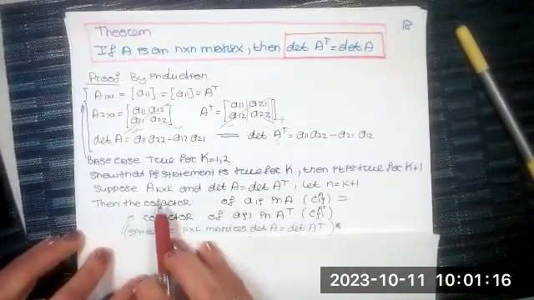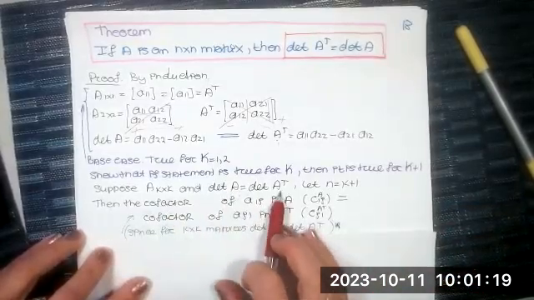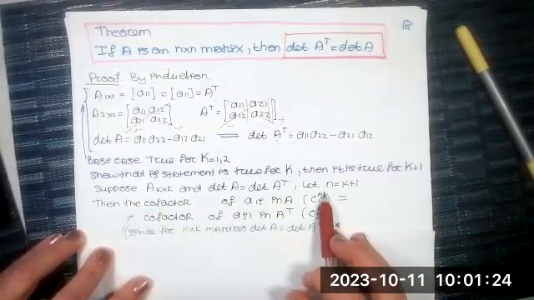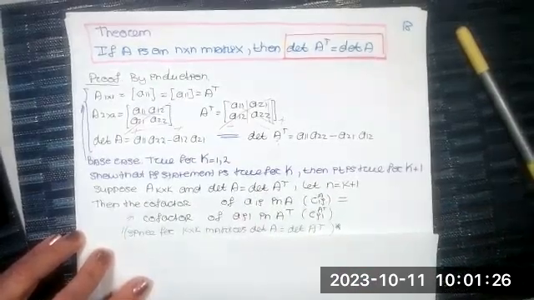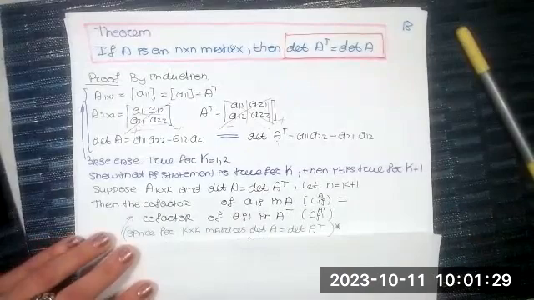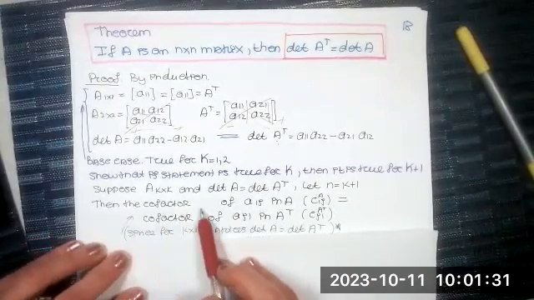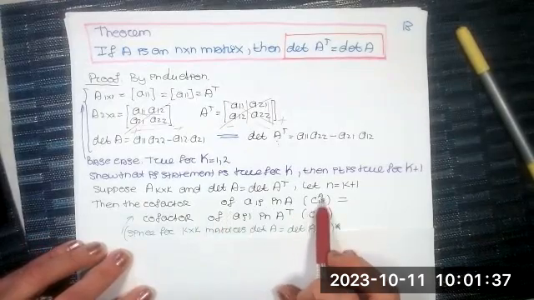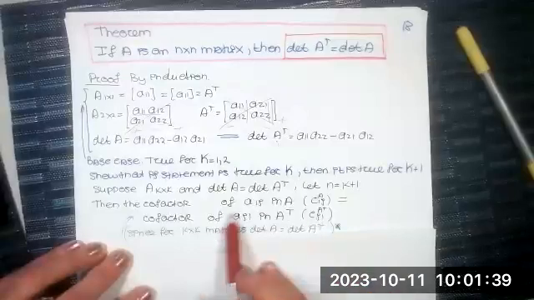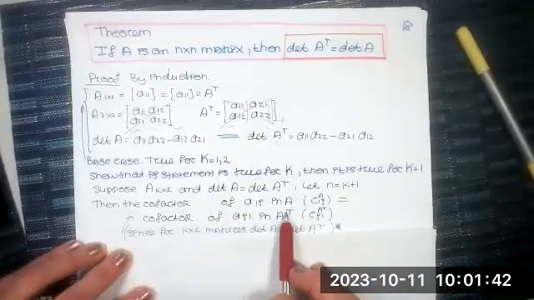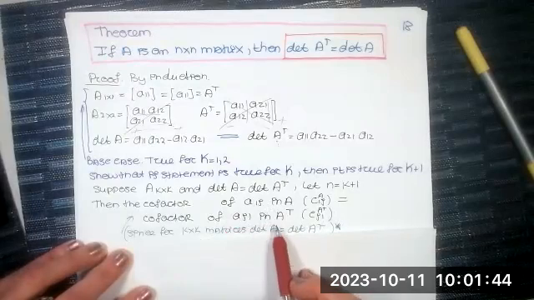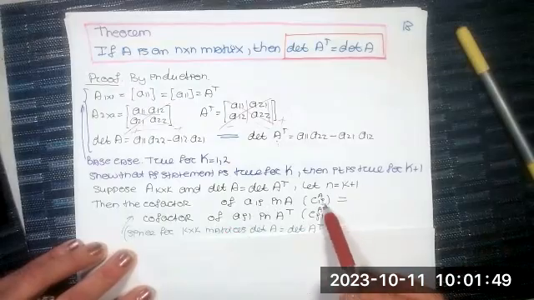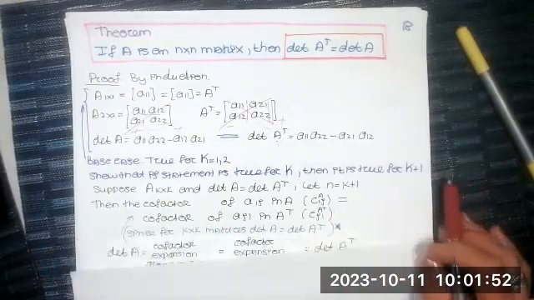So we suppose that determinant of A equals determinant of A transpose for all k by k matrices, and we let n be equal to k plus 1, the next size up. Then we look at the cofactors. The cofactor of A1j in A is C1j, and the cofactor of Aj1 in A transpose, since I'm just switching my indices, is Cj1 of A transpose. I'm claiming that those two are equal.